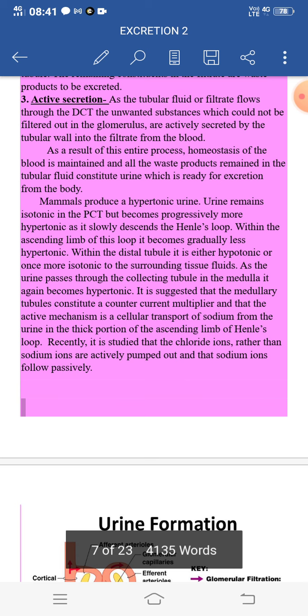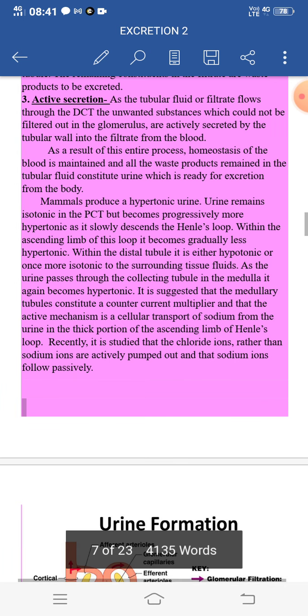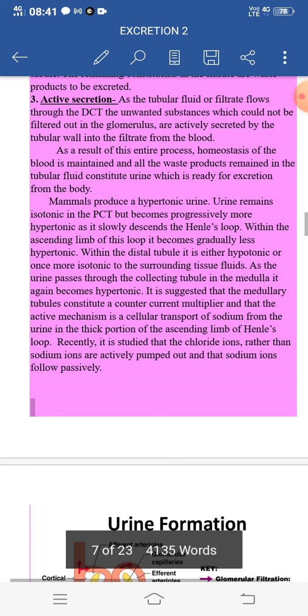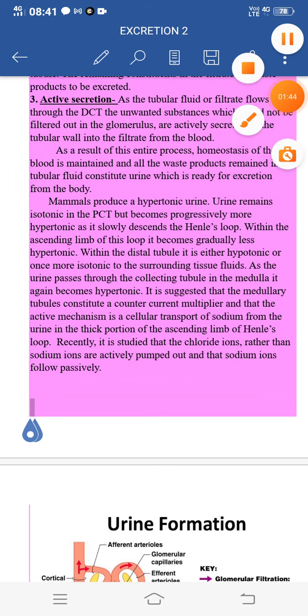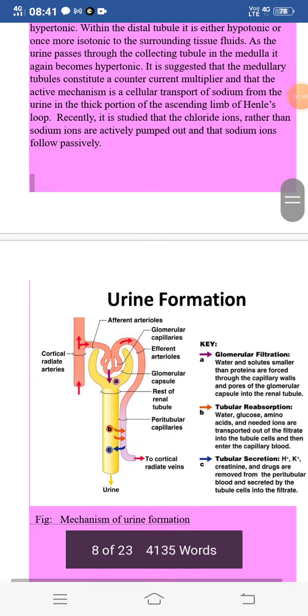It is suggested that the medullary tubules constitute a counter current multiplier system, and that the active mechanism is the cellular transport of sodium ions from the urine in the thick portion of the ascending limb of Henle's loop. Recently, it has been studied that chloride ions rather than sodium ions are actively pumped out, and that sodium ions follow passively.